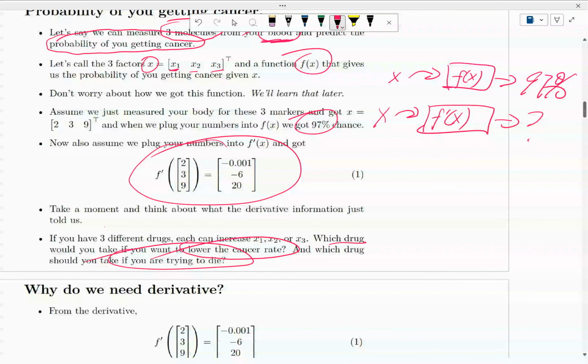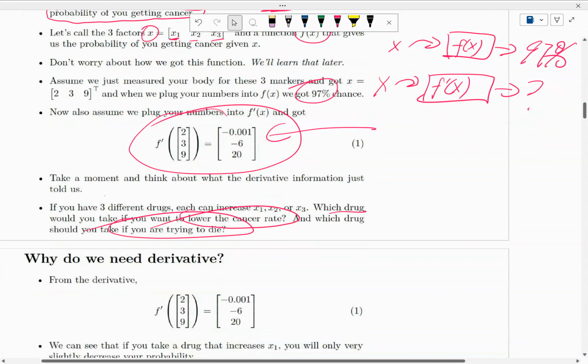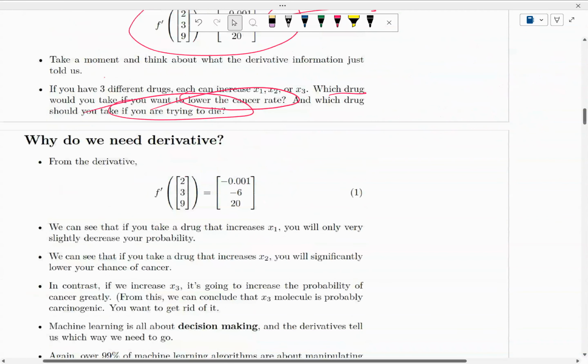If you don't get this immediately, pause the video, go back and watch it a couple of times, and really think about what the derivative is telling us in this particular situation.